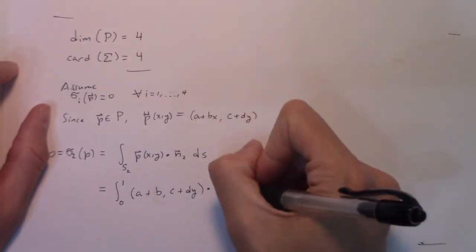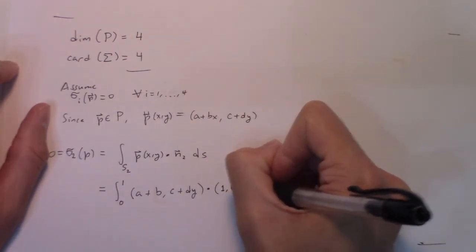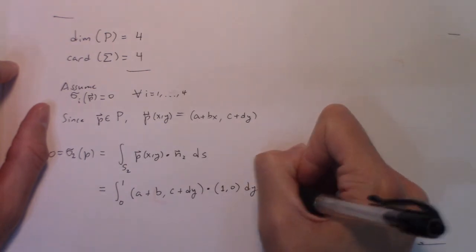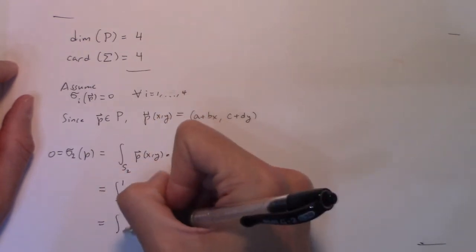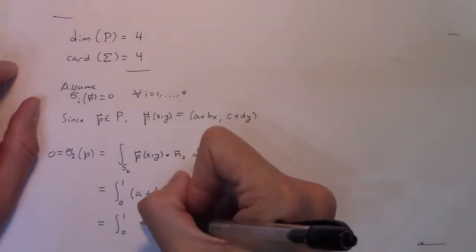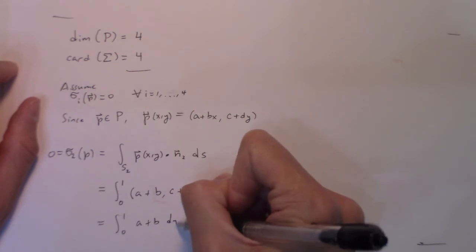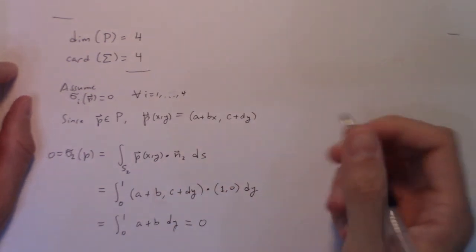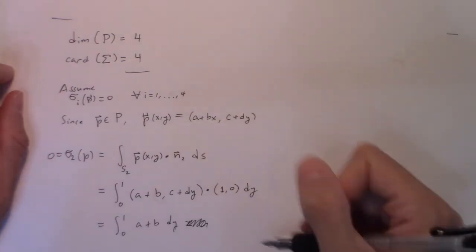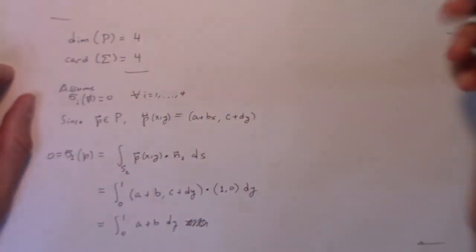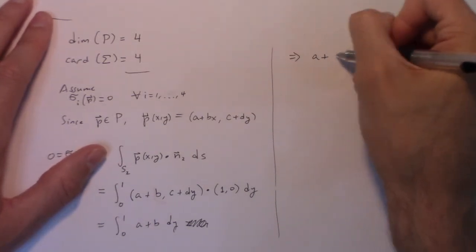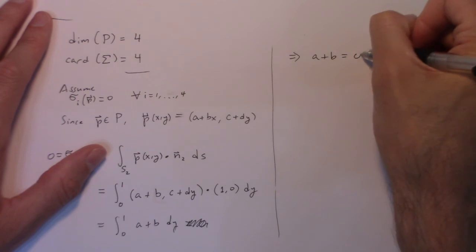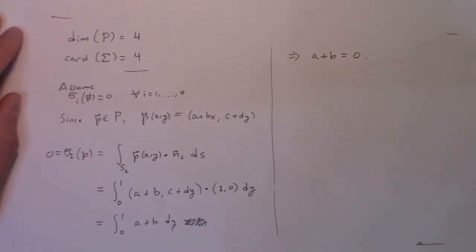So this is going to be 1, 0 dotted with the vector. That means this integral becomes the integral of a plus b dy, which is equal to 0. This implies that a plus b equals 0.